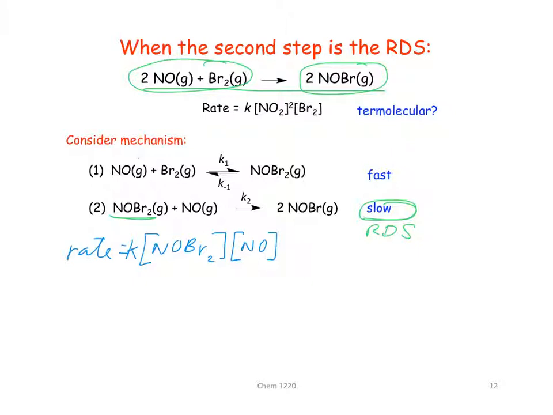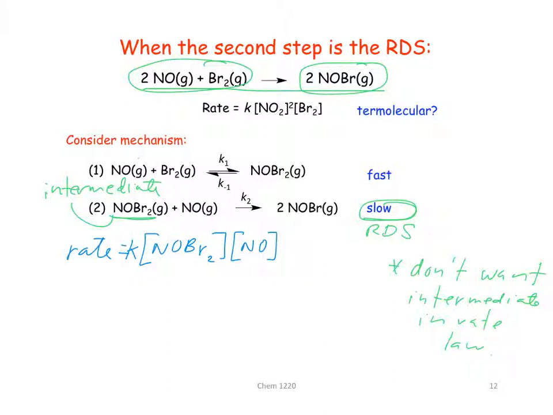It gets formed in the first step, then it reacts and forms a product. And we'd like to make our final rate law in terms of reactants and not in terms of intermediates. So we basically don't want an intermediate in our rate law.